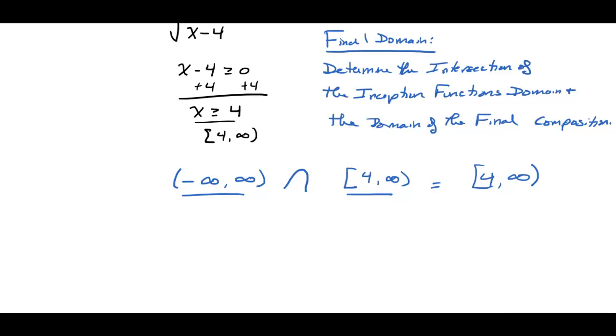They will get slightly more complex, but nothing that we can't handle. So let's go ahead and try another example. Let's say we're given f of x equal to 1 all over x minus 4, and g of x equal to 3 over x.